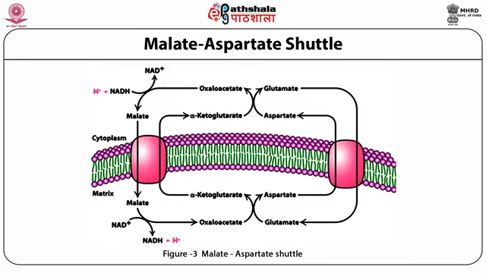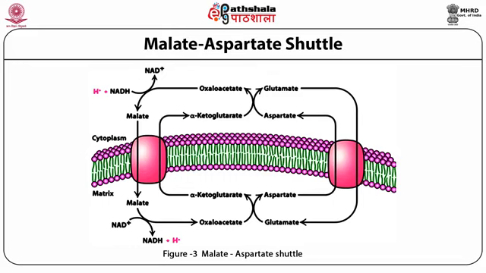The following figure shows the Malate-Aspartate Shuttle. The Malate-Aspartate Shuttle is a biochemical system for translocating electrons produced during glycolysis across the semi-permeable inner membrane of the mitochondria for oxidative phosphorylation in eukaryotes. These electrons enter the electron transport chain of the mitochondria via reducing equivalents to generate ATP.